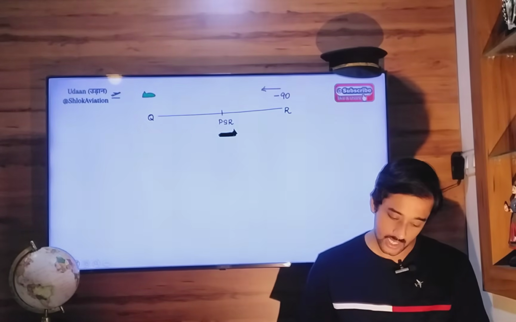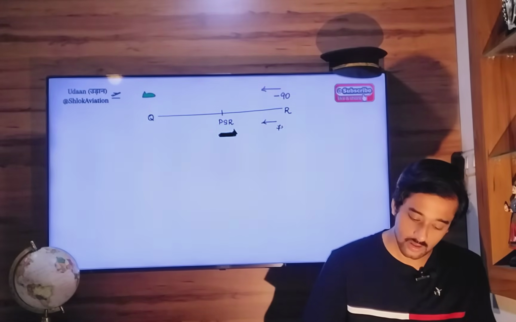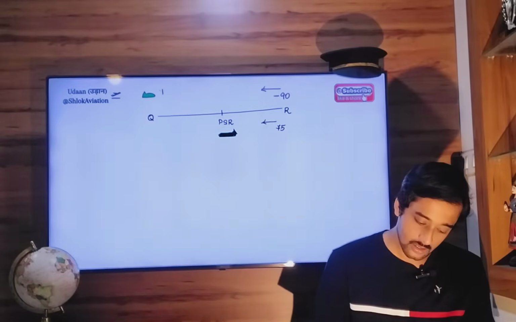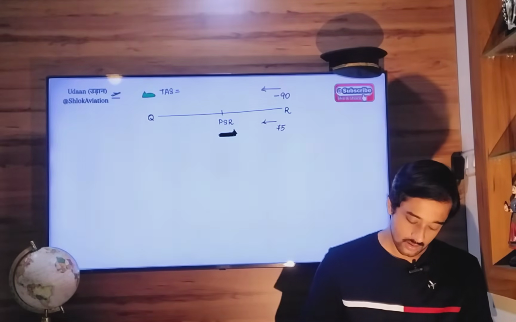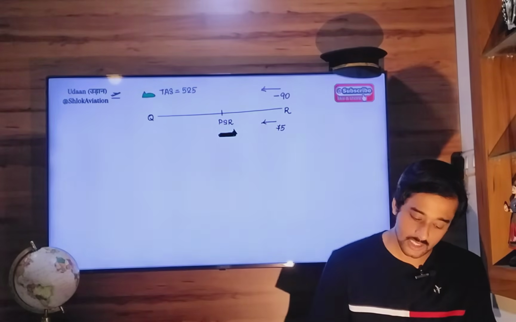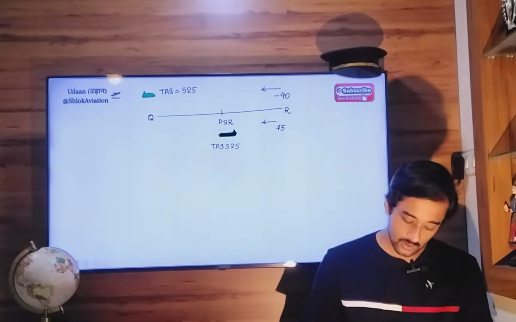On the homebound leg, a tailwind of plus 75. Okay? True airspeed 525. What is the ground speed?